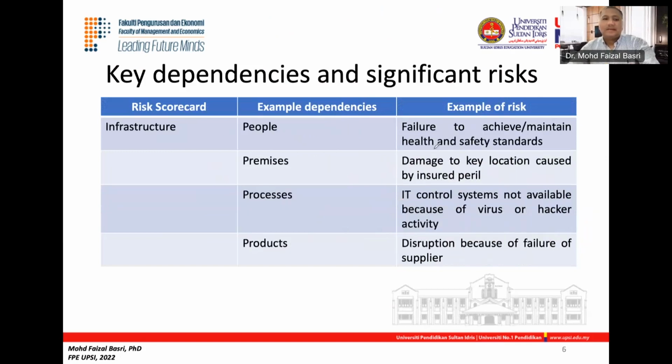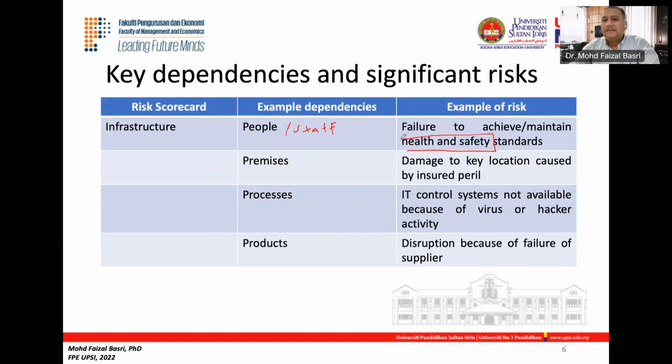Okay. So again, from the infrastructure point of view, the dependencies are people or staff. What are the risks involved when we talk about staff? For example, failure to maintain health and safety standards.